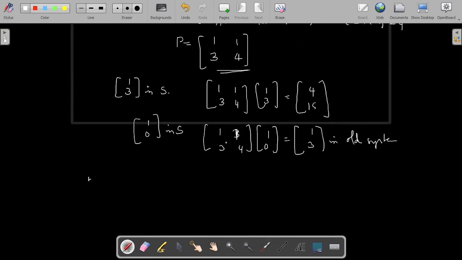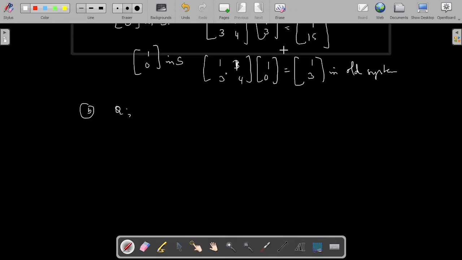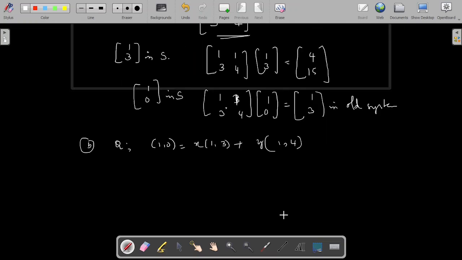Next, the second one. If you want to find Q, which is the matrix of change of basis from S to E, then every vector of E is written as a linear combination of vectors in S. That is, (1, 0) is written as x times (1, 3) plus y times the other vector (1, 4). Similarly for (0, 1) you have to write.